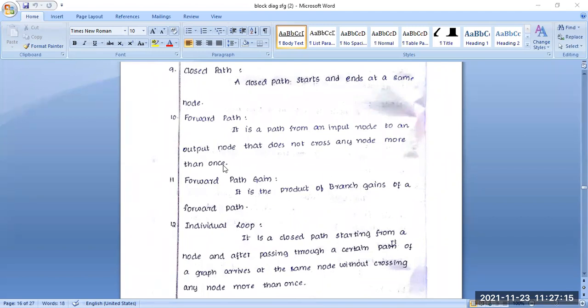So this input point and output point have only two nodes. Any other node is not present. So this path is called the forward path. So this forward path is a path from an input node to an output node that does not cross any node more than once. So this is called the forward path.